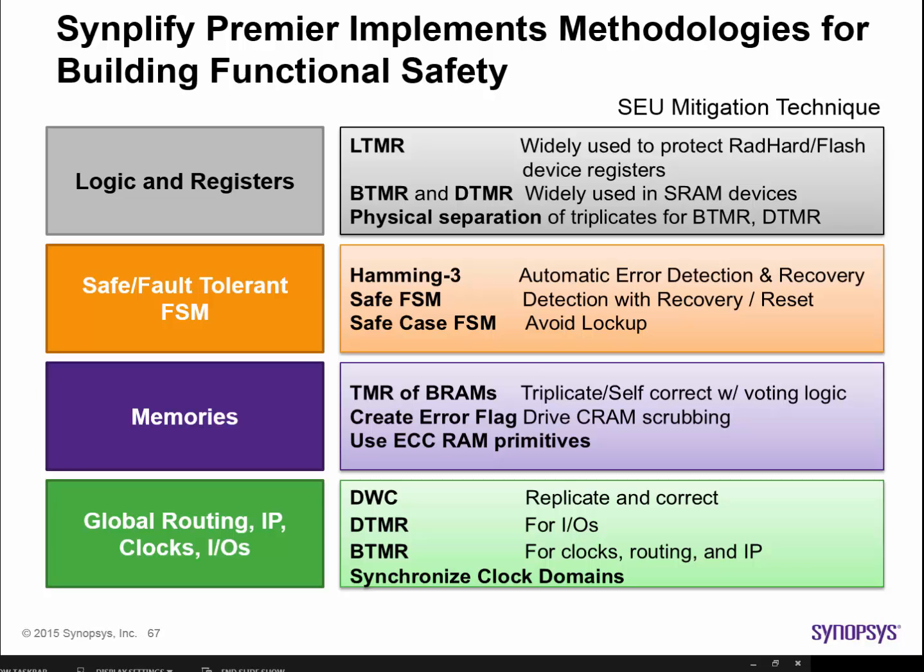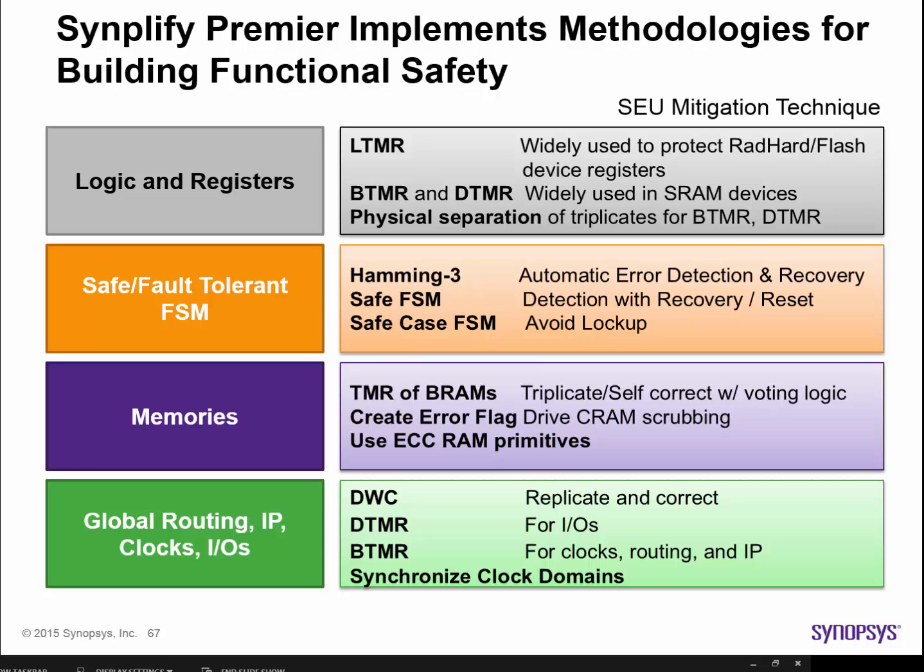We can instruct the Synplify Premier software to select and use special error-correcting RAMs, ECC RAMs, in your design, if these primitives are available for your particular FPGA device. Special error flags can also be synthesized and tapped by Synplify Premier to enable you to monitor the overall design operation and to trigger actions such as memory scrubbing or other on-chip or software-based mitigation.